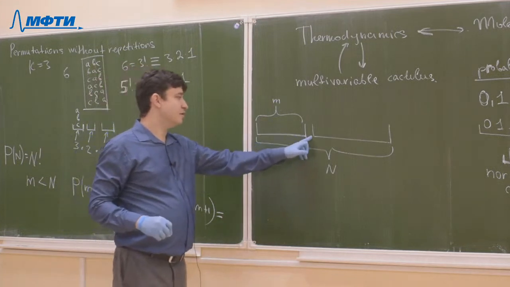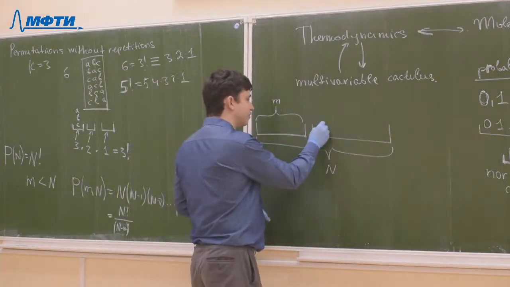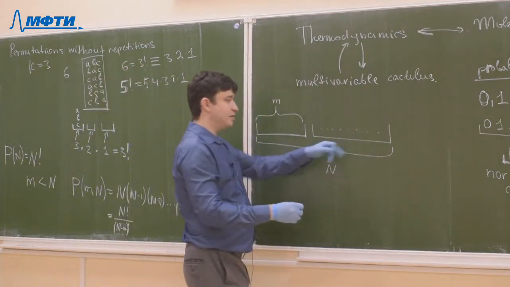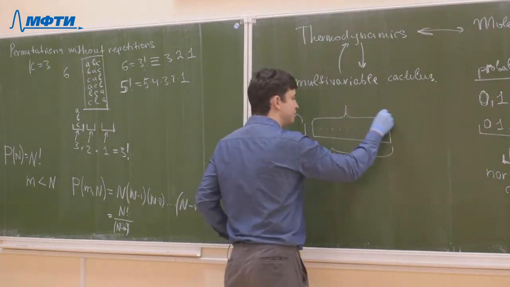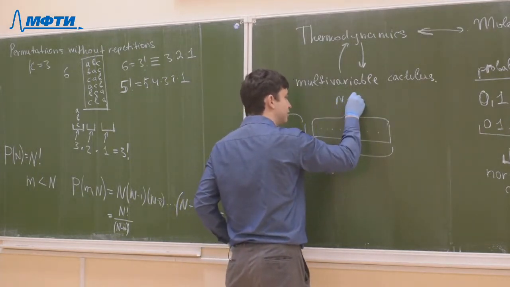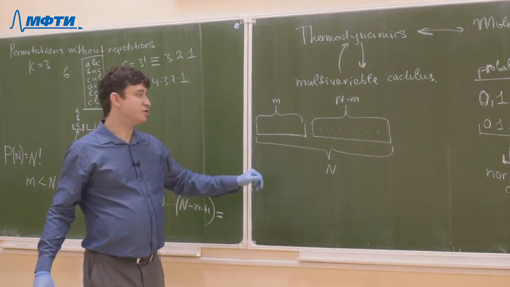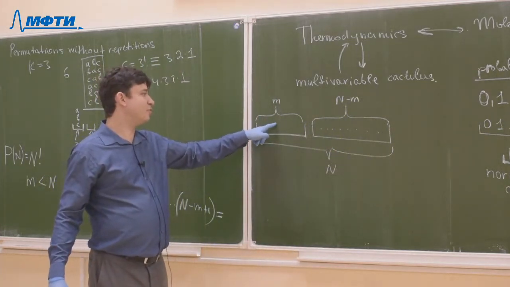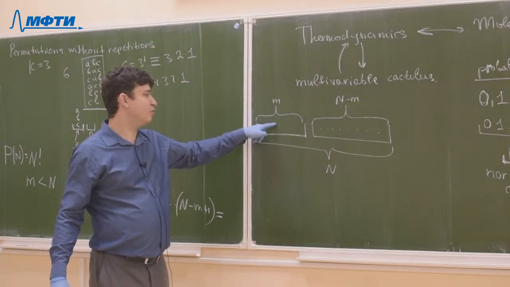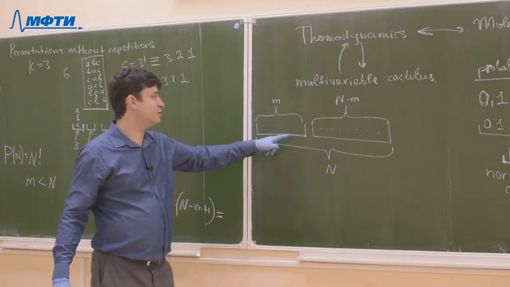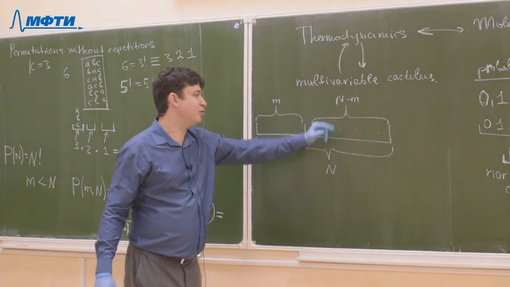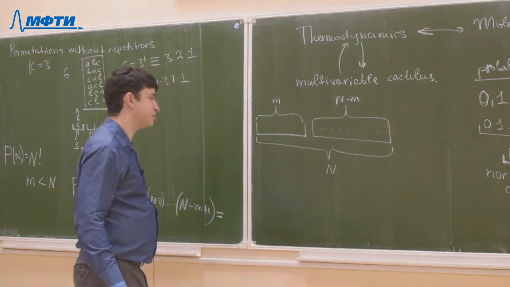That means that the sequence in the next n minus m positions doesn't influence your permutation here. So you can say that one permutation of m objects corresponds to n minus m factorial permutations of n objects.